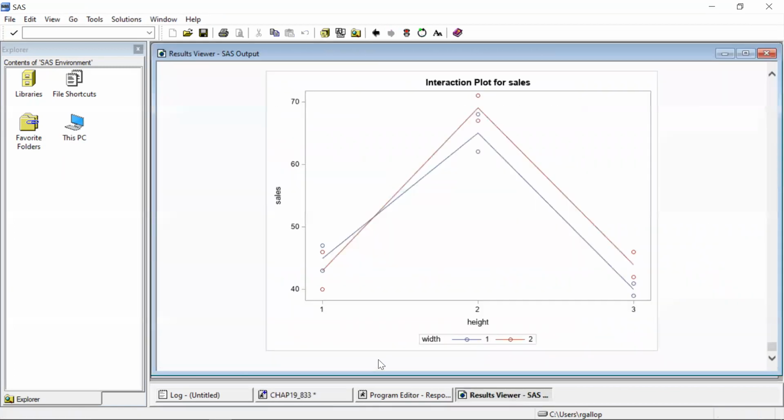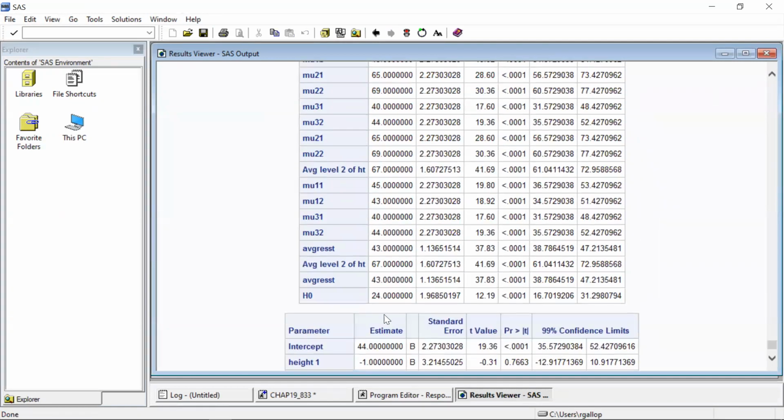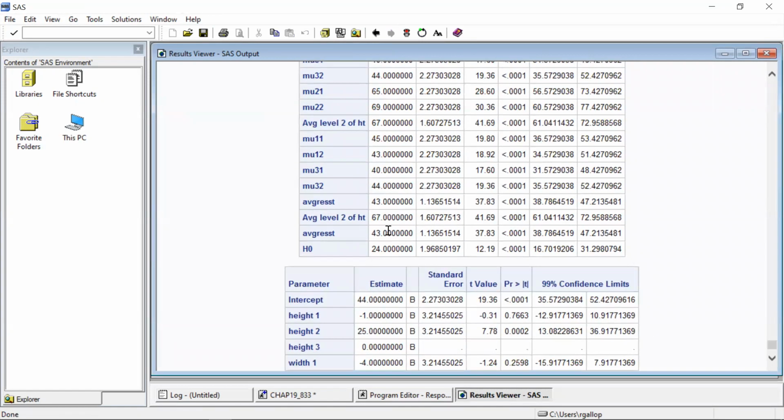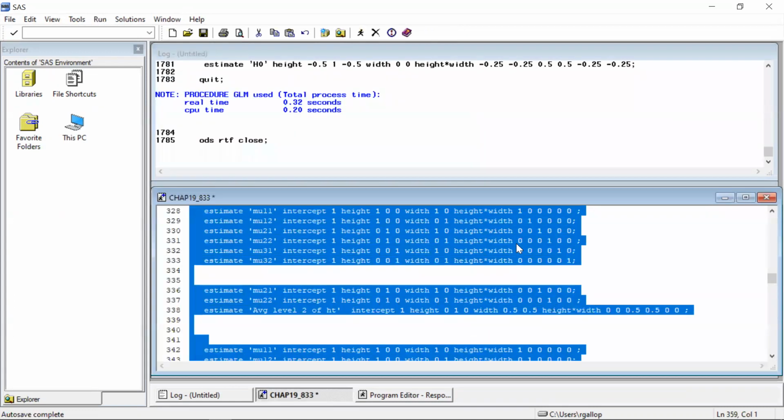If we go right here, 67 is the average of the middle two, 43 is the average of the rest. That creates a difference of 24, which is highly statistically significantly different than 0. So the average of the middle display is significantly superior to the average of the remaining 4 cells. So that's cool.